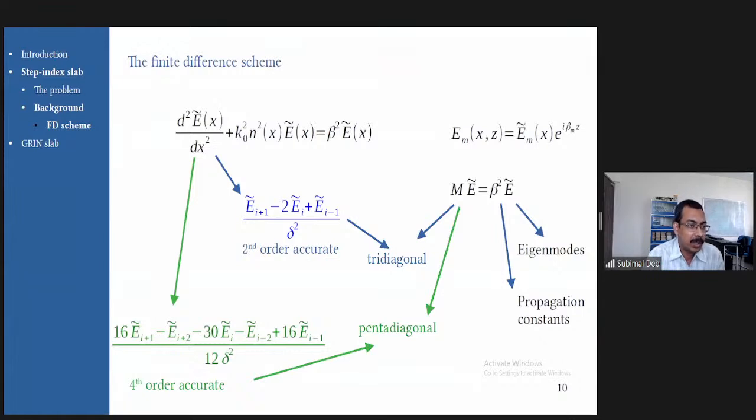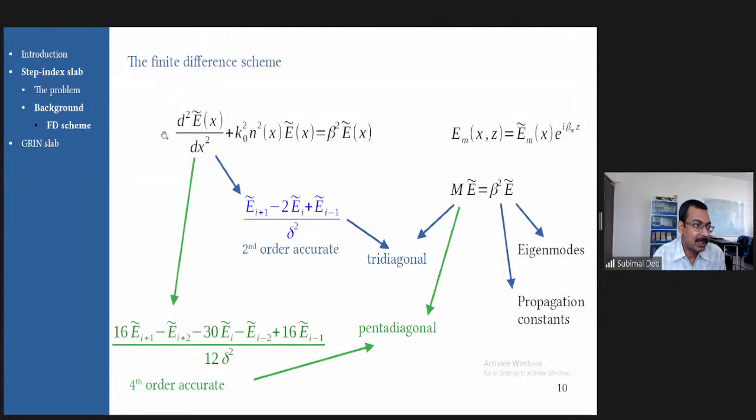The scalar wave equation that describes wave propagation in this one-dimensional system is written down over here, and beta is the propagation constant for the modes of the waveguide.